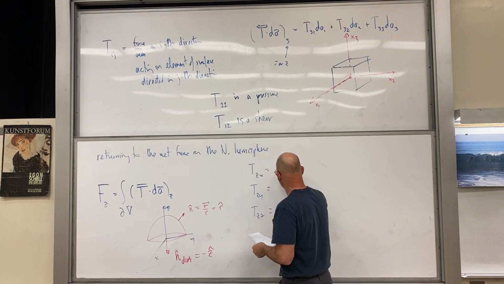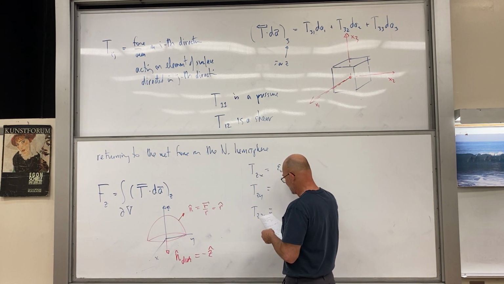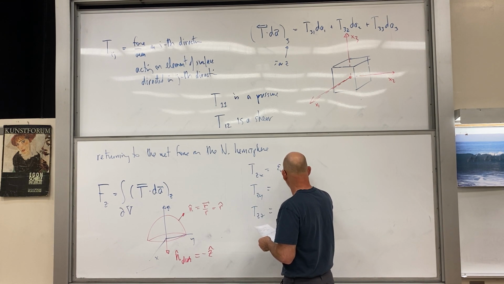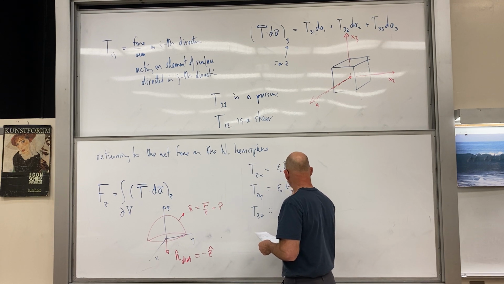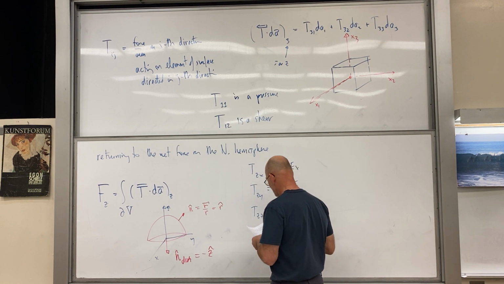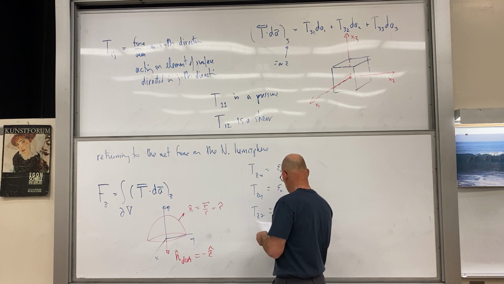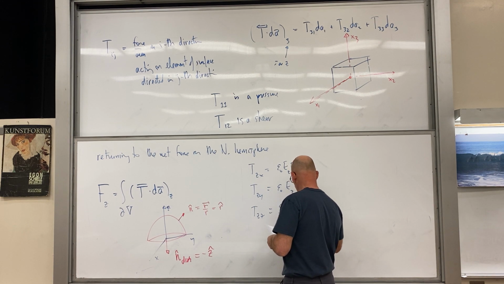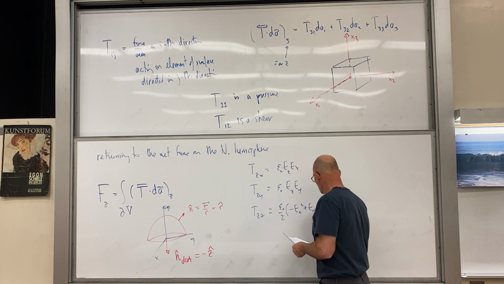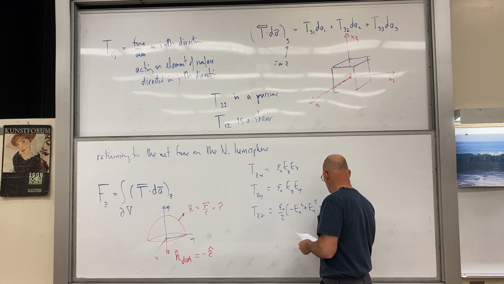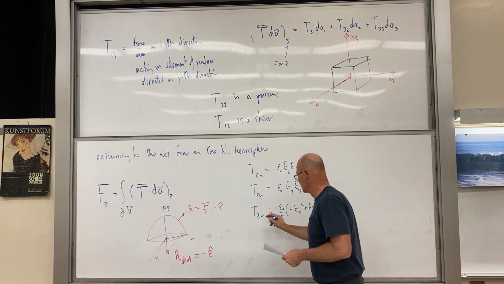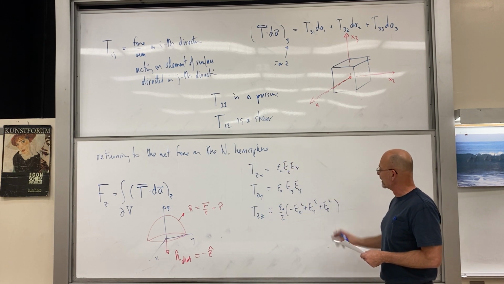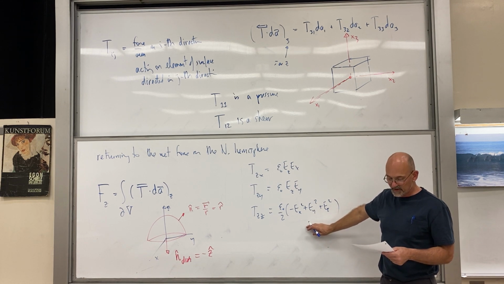We've got epsilon naught Ez Ex, epsilon naught Ez Ey, epsilon naught over 2 times minus Ex squared plus Ey squared plus Ez squared. Okay, so those are easy. You've got your off diagonals and the diagonal. We had calculated one of those.